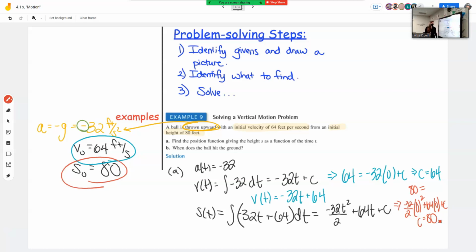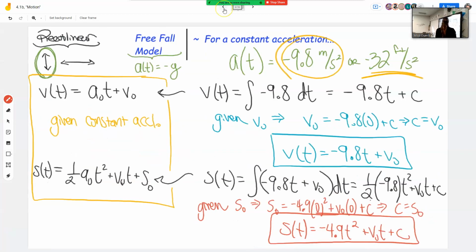But check it. Didn't you have a cool formula? And like Sarah said, even though my math is going to get me negative 16t squared plus 64t plus 80, even though it's going to get me my position formula, couldn't I have just taken this and said, oh, hey, I'm going to take 1/2 of my acceleration, which is negative gravity, or negative 32. 1/2 of negative 32 is 16t squared, plus my initial, which was 64t, plus my initial, which was 80.